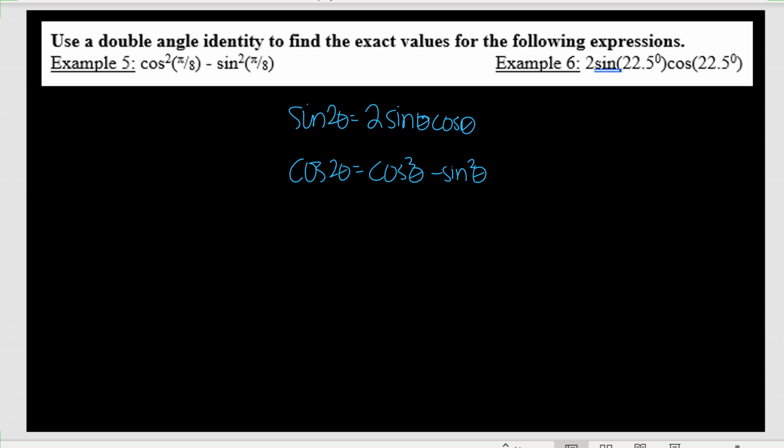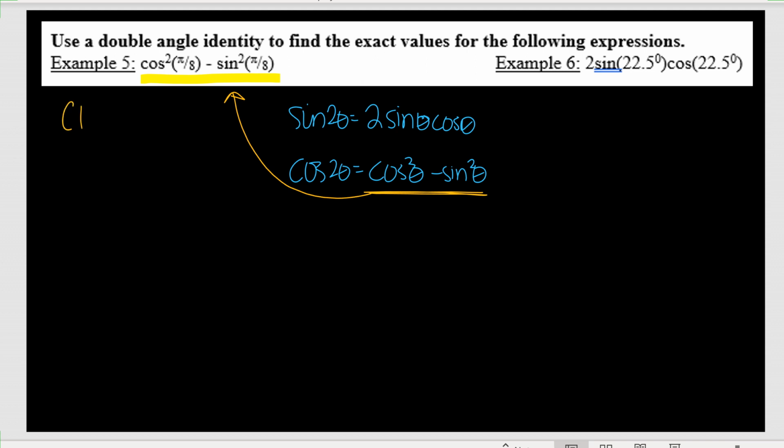Okay, so number 5, cosine squared of an angle minus sine squared of an angle, that looks like what we have in our cosine formula. So I'm going to say that, guys, that's just the expanded version of our cosine formula.